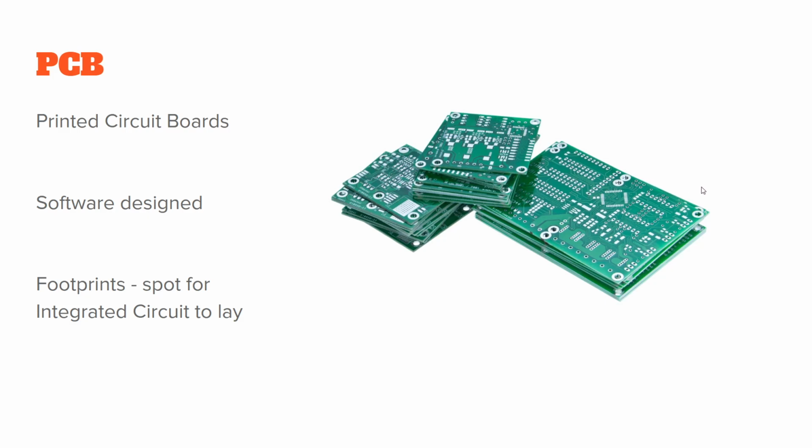In this club, we're going to use KiCad. It's spelled KICAD. Pronounce it however you want. And we're going to use that to look at a PCB and see how it's designed.